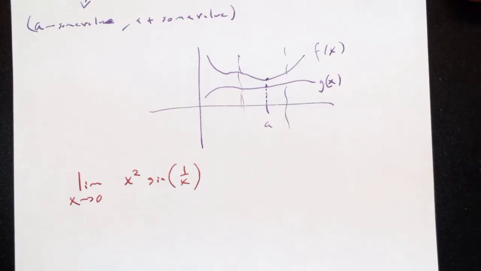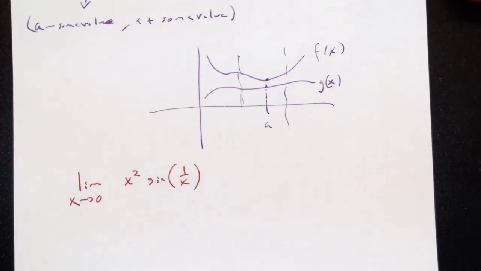What's the graph of sine look like? Wiggling back and forth, but we're getting bigger and bigger. It's going to go back and forth and back and forth, right? But I've squished that in right around 0. So we're going to go back and forth a whole bunch. This doesn't settle down. It doesn't have a limit.